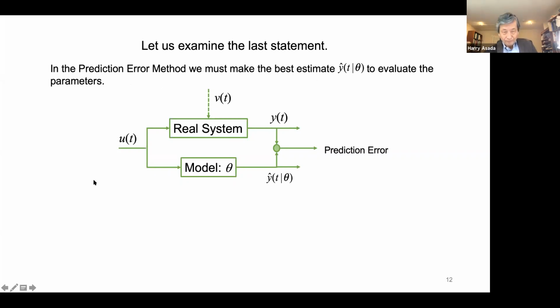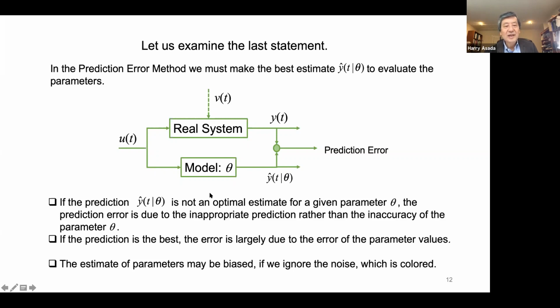Well, here's your actual measurement, right? If you ignore this part, which is colored, and just naively predict based on the model you pick, then that's not the best you can do. And if you use that for this parameter estimation, you get a biased one.